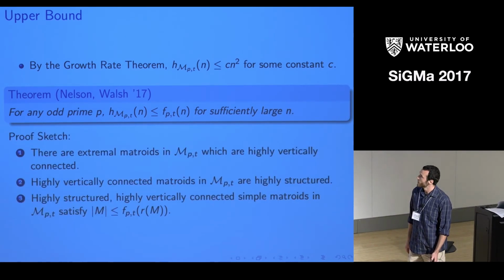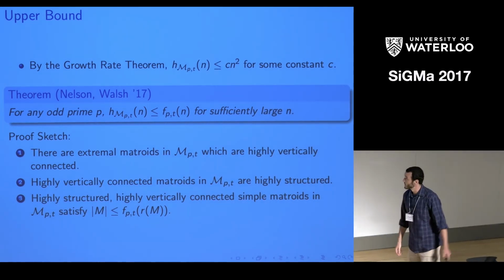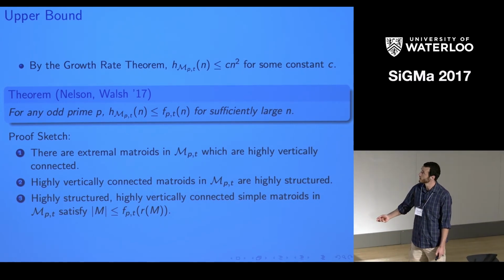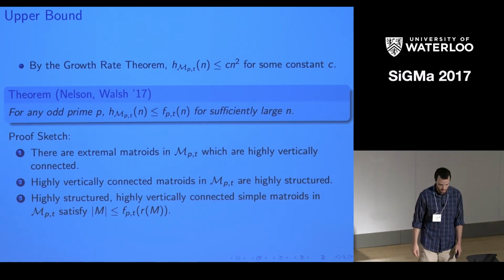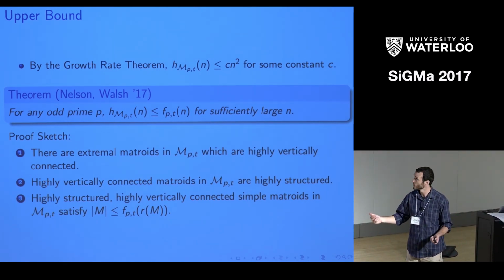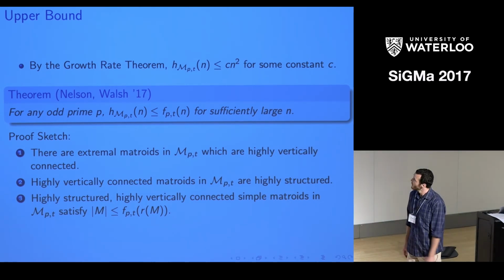And there's 3 main steps to the proof. The first step is to show that there are extremal matroids in M sub p,t which are highly vertically connected. And by extremal, I just mean the matroids in the class which have the maximum possible number of elements for their rank.